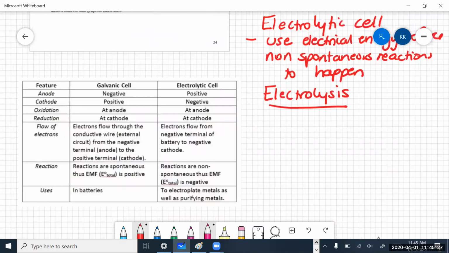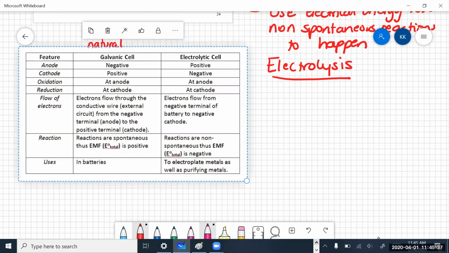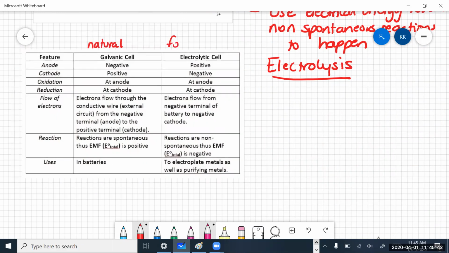So let's have a look at comparing galvanic cells and electrolytic cells. Remember, this is the natural way the electrons flow. This is the forced way. In the galvanic cell, our anode's negative and our cathode's positive.